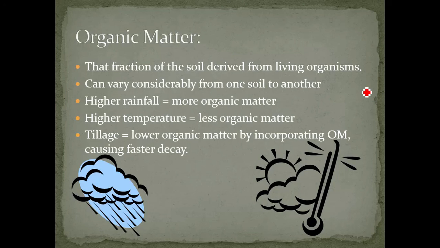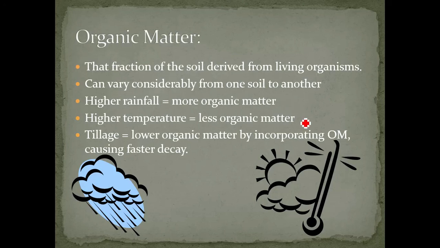And again, the organic matter fraction can vary considerably from one soil to the other depending upon how that soil has been treated and what environment it's in. Generally speaking, areas of higher precipitation have more organic matter than areas of low rainfall, simply because you have more biological activity in a high rainfall area.